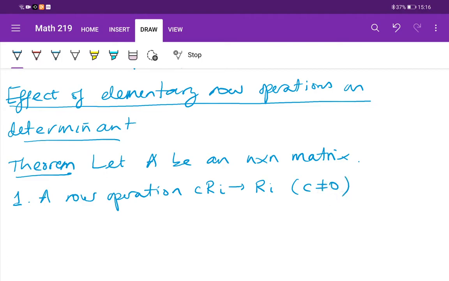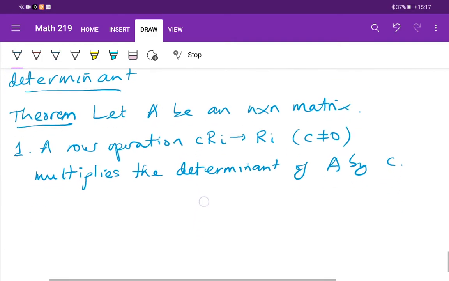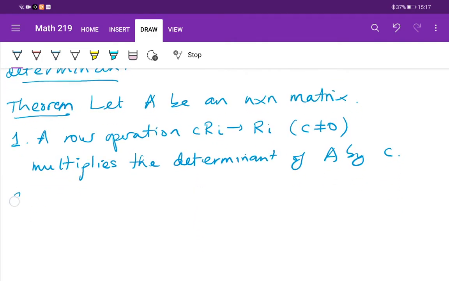The effect of this is it multiplies the determinant of A by c. So you start off with a matrix A, you apply this row operation, you get a new matrix. The determinant of the new matrix is c times the determinant of the old matrix. So that's type 1 row operations.